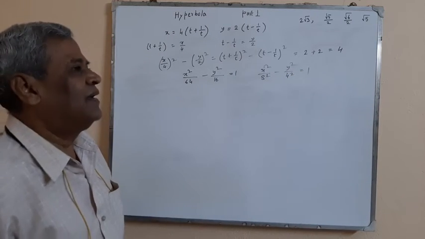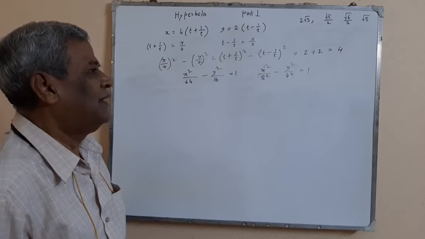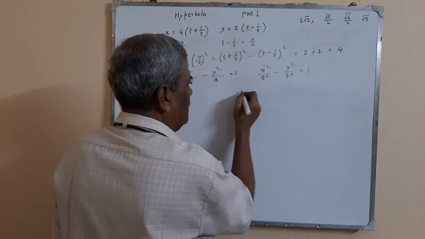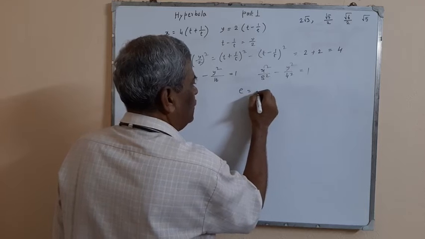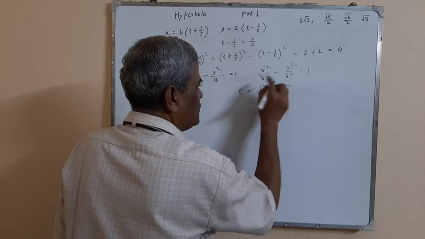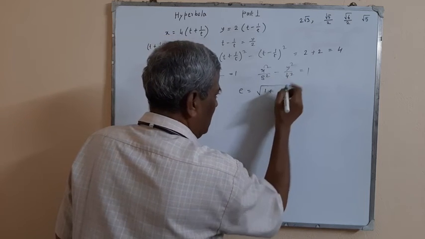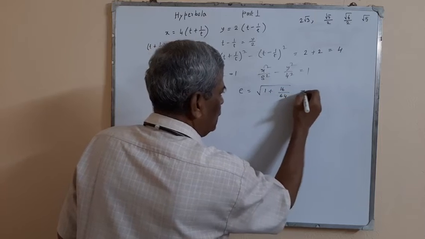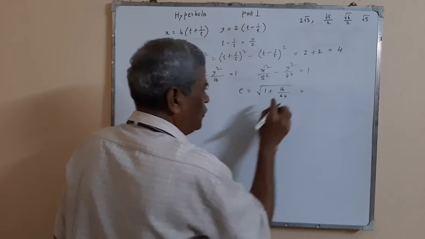So we get a hyperbola in standard form, and its eccentricity formula is e is equal to root over 1 plus b square by a square, that is 16 by 64, which is 1 by 4.